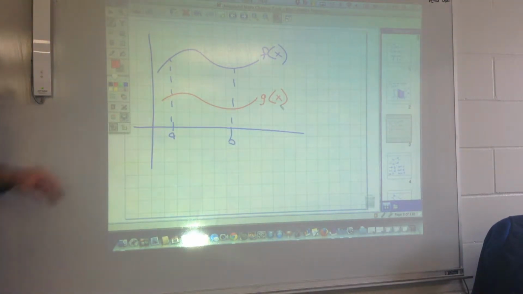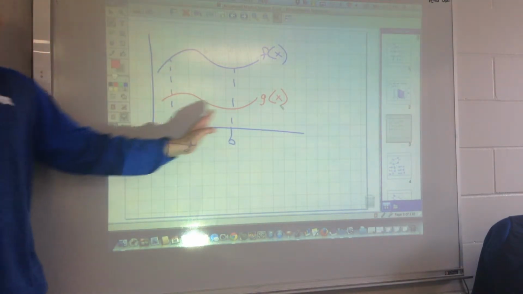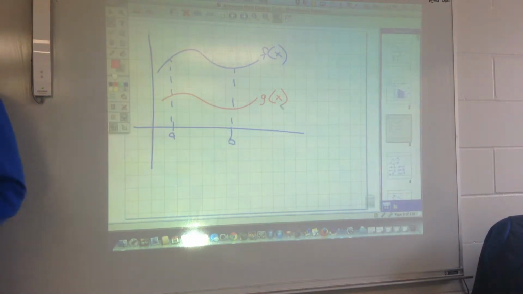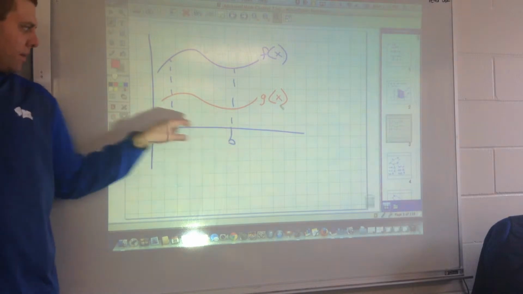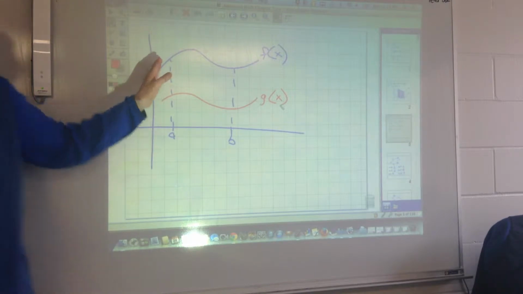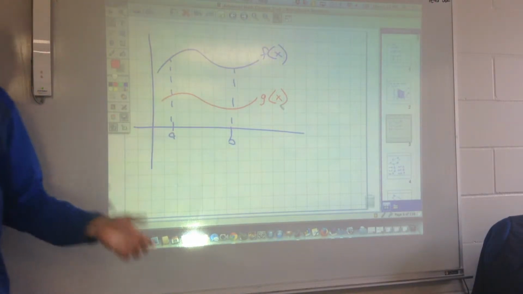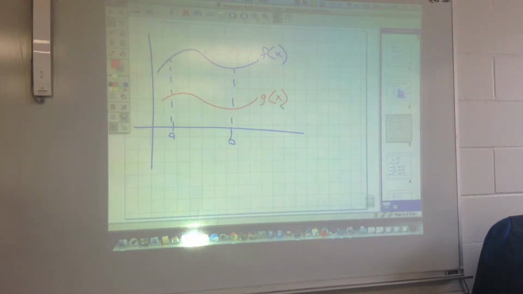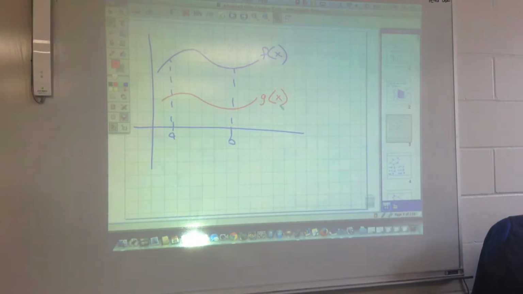If I found the area under the curve of g of x from A to B, that would give me this much. So if I wanted to find the area between those two curves, I could take the answer to the blue one minus the answer to the red one, and that would give me what's left over. And even if it's negative, you're just subtracting a negative.